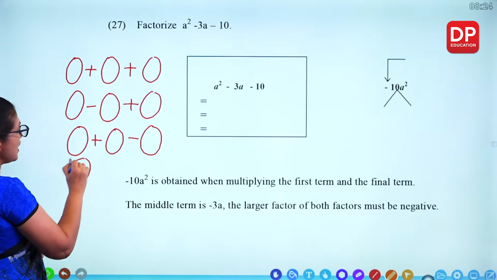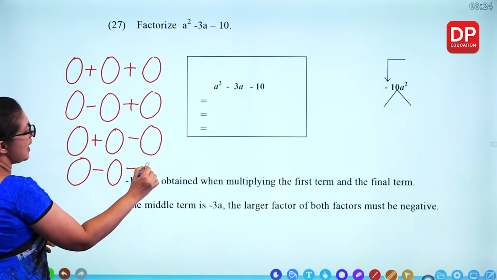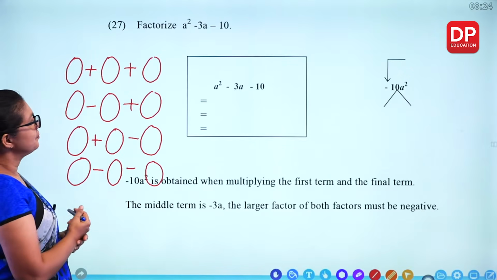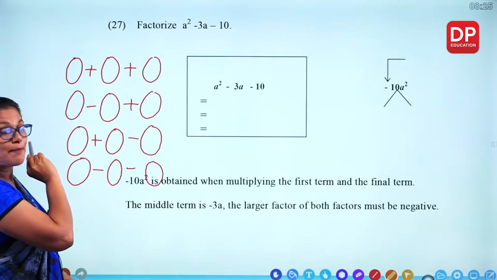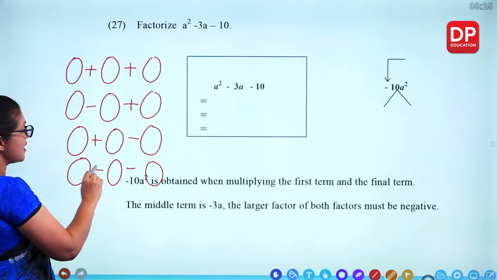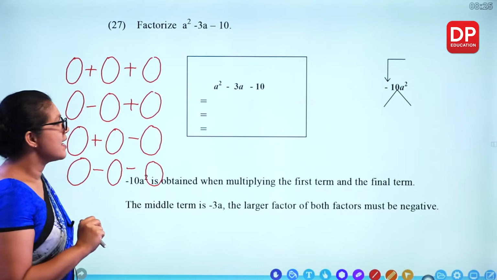Now we are doing middle term negative as well as last term negative. So in this case you got all positive, this is middle term negative, this is last term negative. Now you are getting middle term and last term both negative.